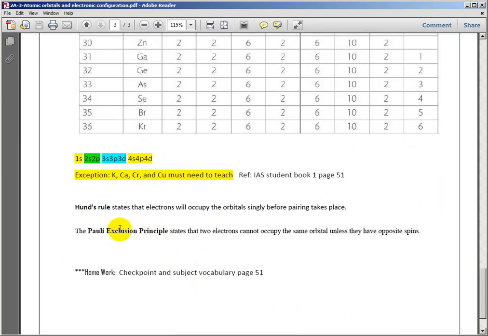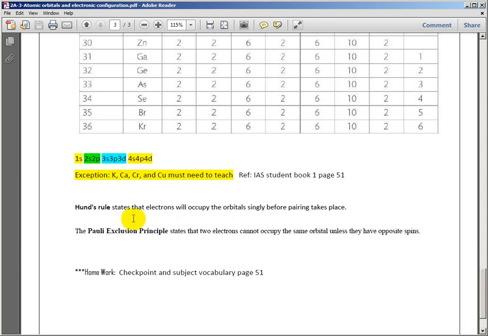Now Hund's rule. Hund's rule states that electrons will occupy the orbitals singly before pairing takes place. At first single occupancy, then pairing.